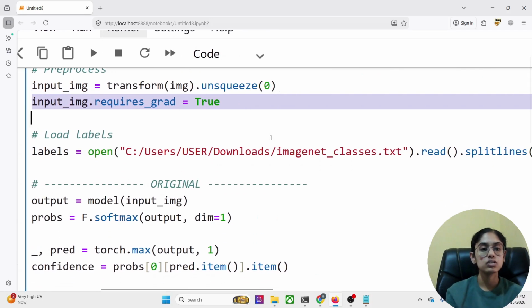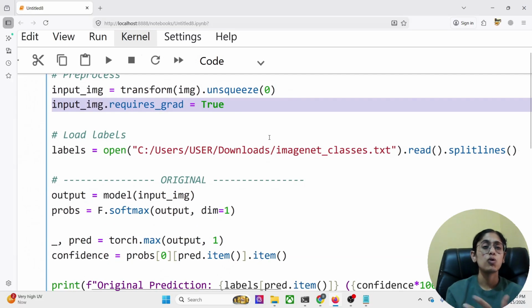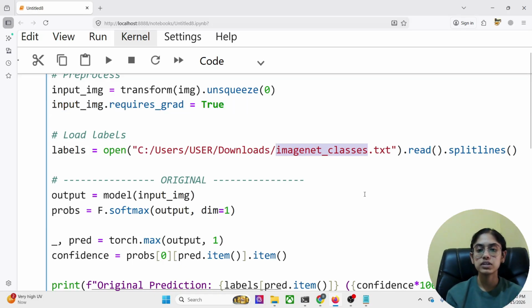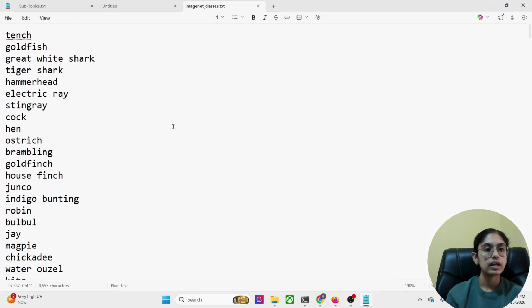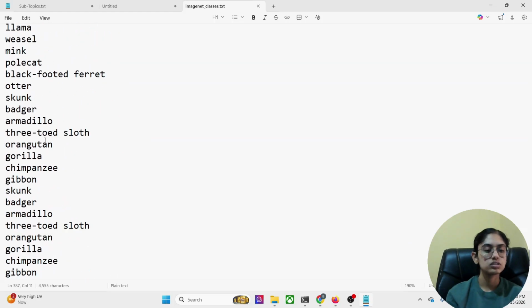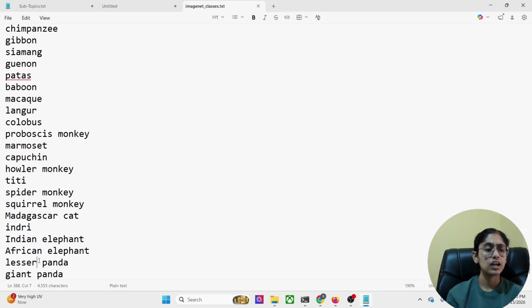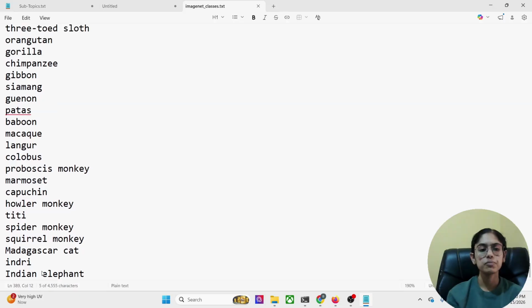Next is loading the labels. Labels we have already discussed. If this particular image looks like a panda, it is a panda. So here I have got the ImageNet class labels. It looks like this: tench, goldfish, lesser panda, giant panda, etc.